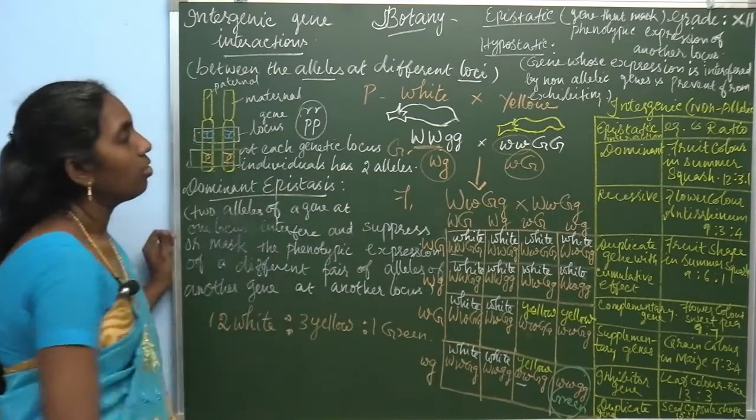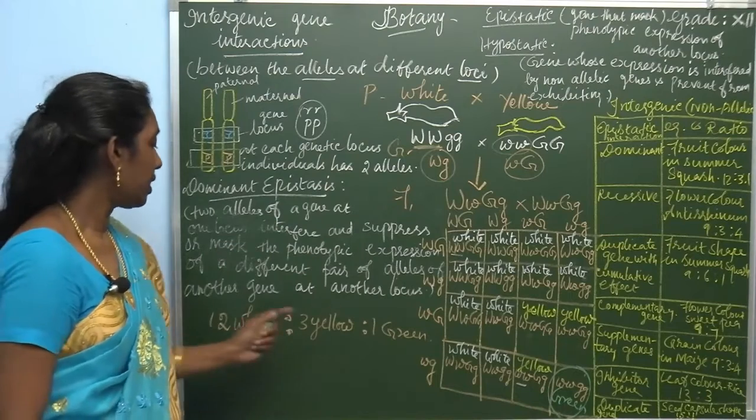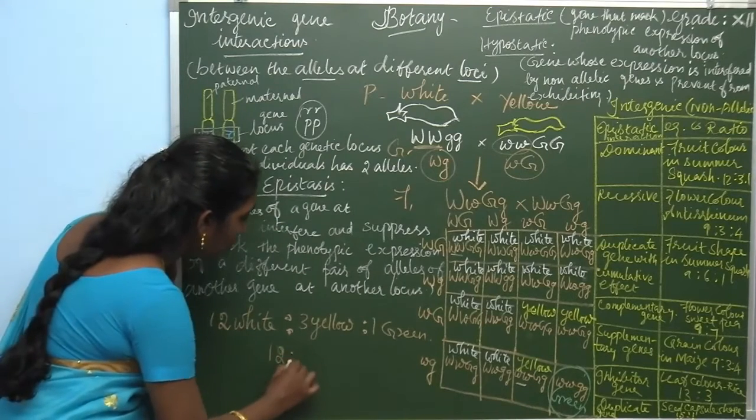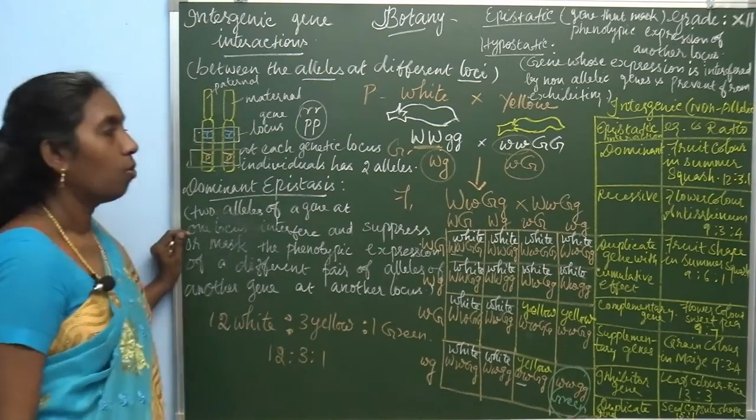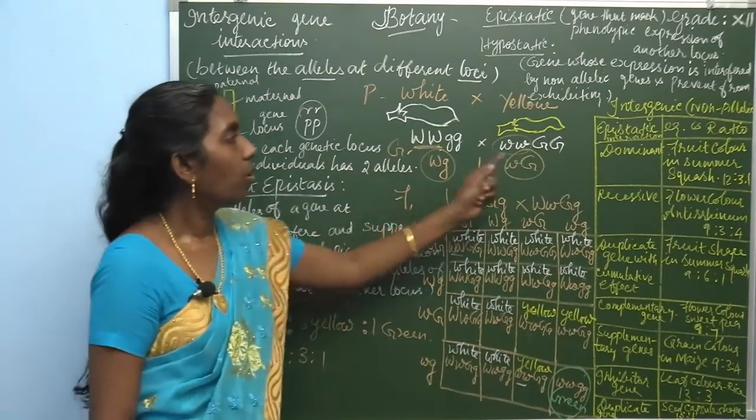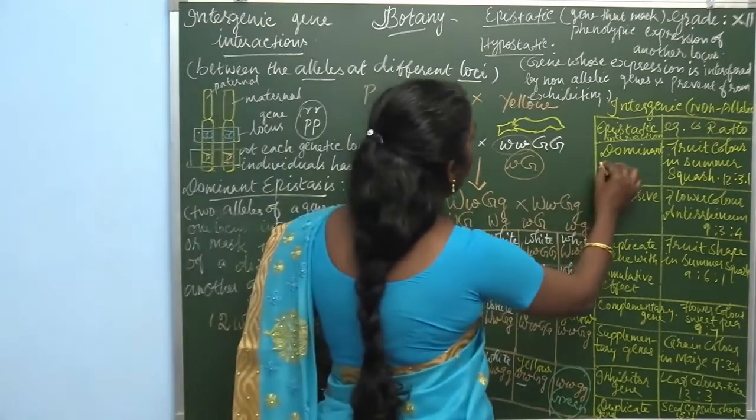So, this is the ratio. It gives that dominant epistasis. The ratio is 12:3:1. So this is the example of dominant epistasis.